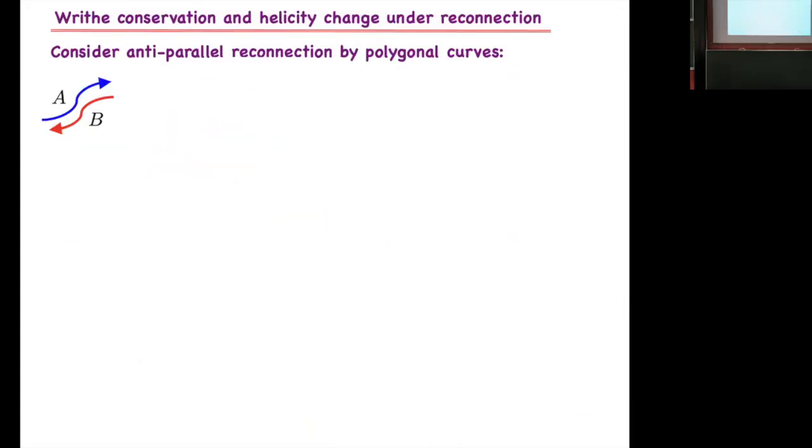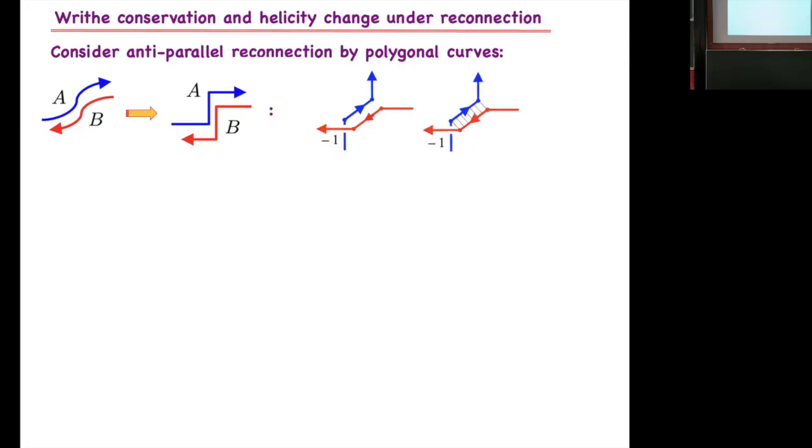All right. Consider then antiparallel reconnection of a polygonal curve. So you go from smooth curves to polygonal curves, and you can work out in a few steps some mathematics. If you assume antiparallel reconnection locally, then you are in this situation, and in a piecewise linear context, they approach each other and they cancel each other as it happens in reality.